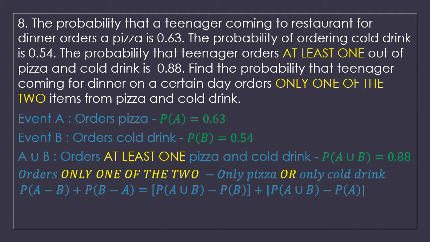Maybe not in the same tutorial, but in the later tutorials. Okay. Probability of A minus B can be calculated as probability of A union B minus probability of A.